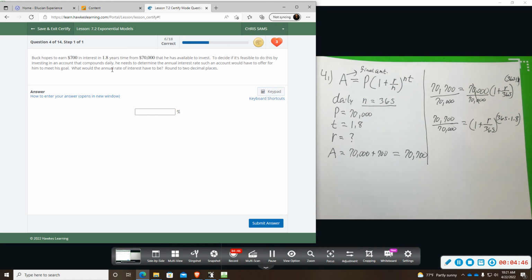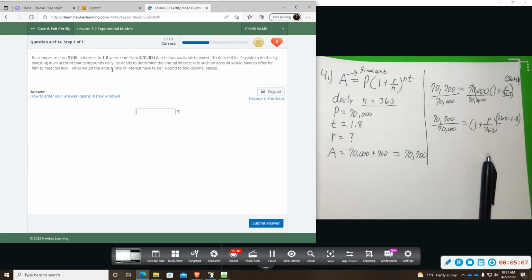And then the next thing that we can do, following order of operations going backwards, we've got to get rid of this power first. To get rid of a power, you have to do the root. So I'm going to have to do whatever this 365 times 1.8 is.